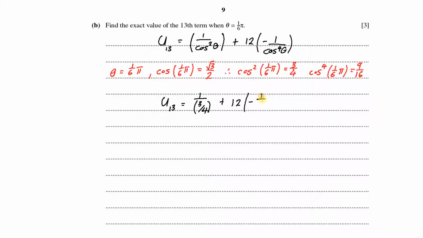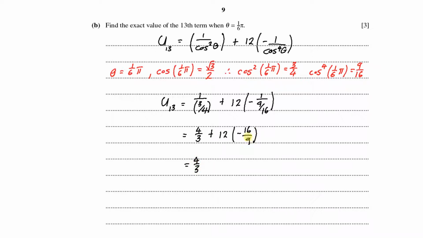So it's minus 1 over 9 over 16. So this simplifies to 1 divided by 3/4 is 4 over 3. And this is 12 of minus 16 over 9. And this simplifies to 4 over 3.